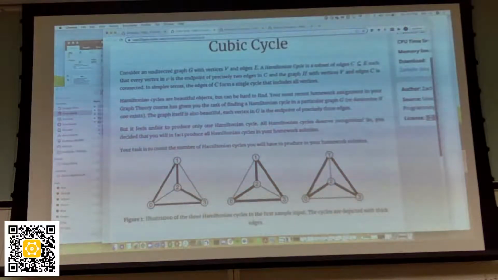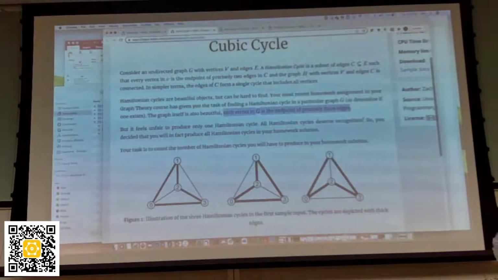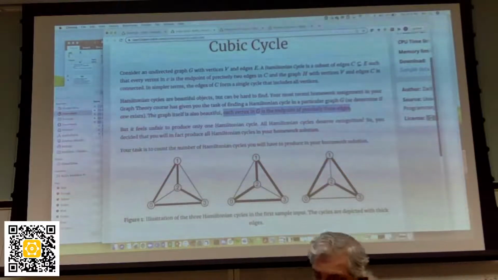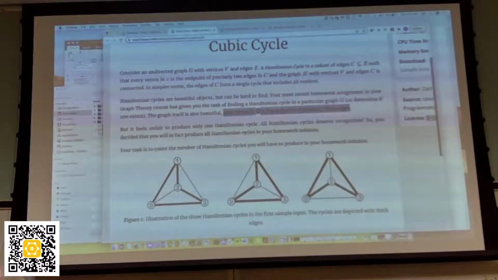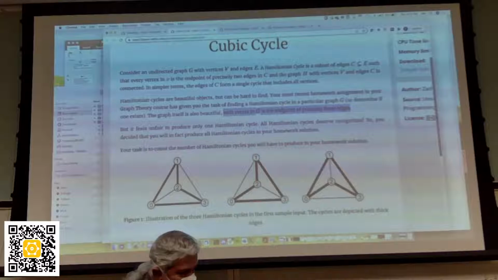Where did that go? Yeah, each vertex in G is the endpoint of precisely 3 edges. It turns out that this is the key constraint that you should pay attention to. Okay? Now let's talk about why this is important.